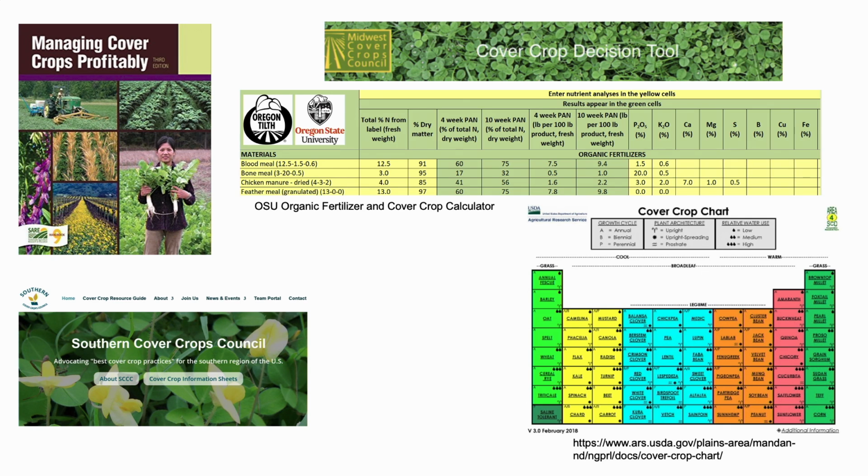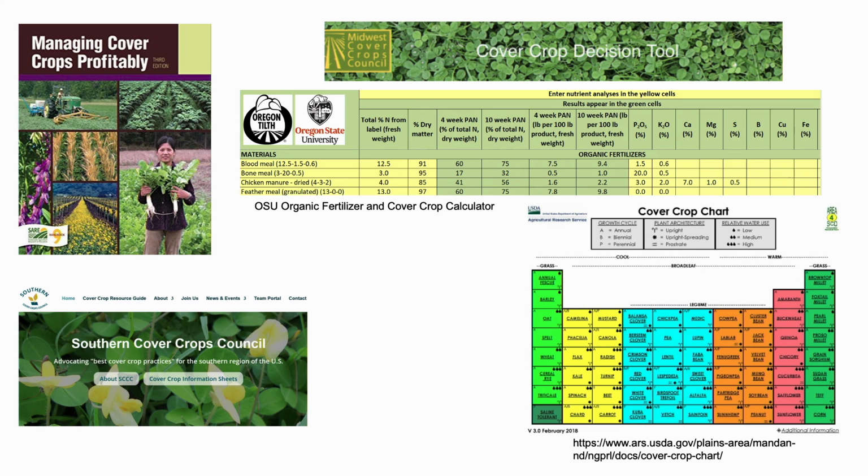You should have that book, Managing Cover Crops Profitably. It's a Sustainable Agriculture Research and Education book. You should have that if you don't. And then there are some different things. The Oregon State one there in the middle, if you're not aware of that, is not so much a selection tool, but it's a nutrient availability calculator.